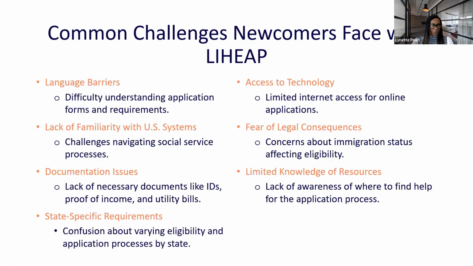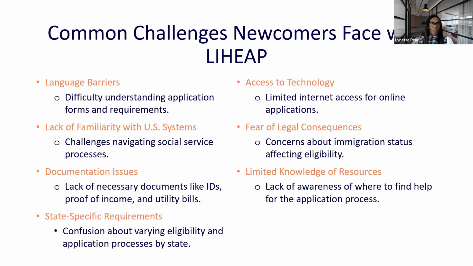And documentation, that's another of the biggest challenges, making sure that they have the necessary documentation when they are applying. We talked about what alternative documentation they can have. They can have their I-94, their passport to prove who they are. Also, if they are receiving assistance, getting a support letter from the resettlement agency breaking down their assistance.